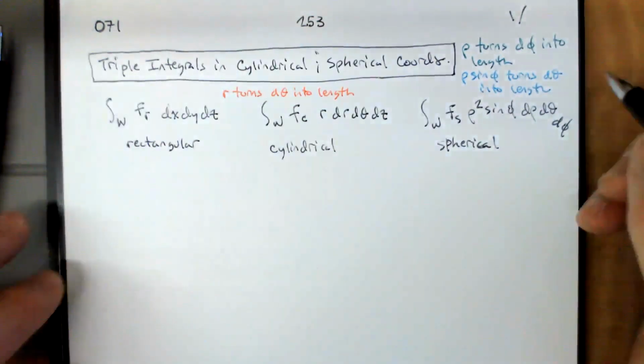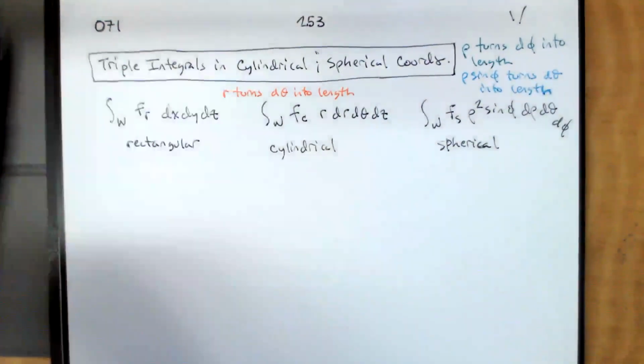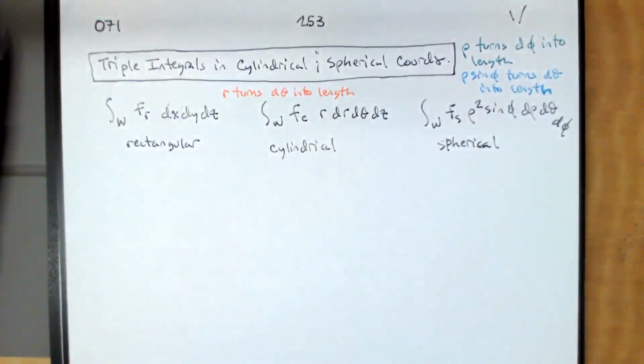This is all based on arc length, where we multiply the angle by the radius, just like when we find the circumference of a circle. The circumference is 2 pi, the whole circle, multiplied by r, the radius. Circumference is just arc length, but it goes all the way around.